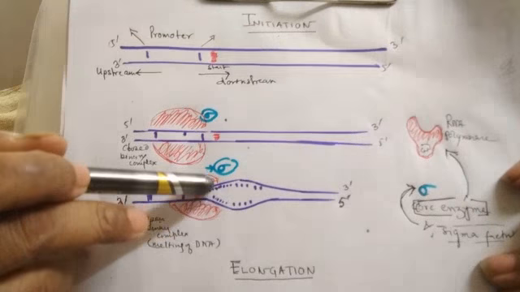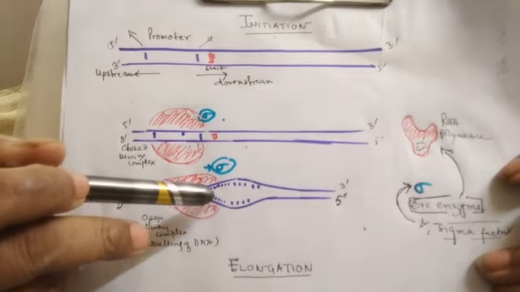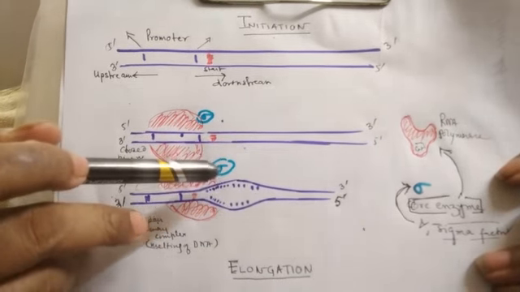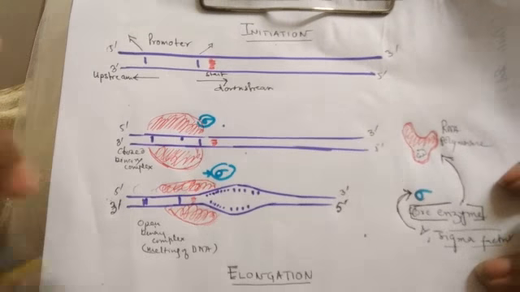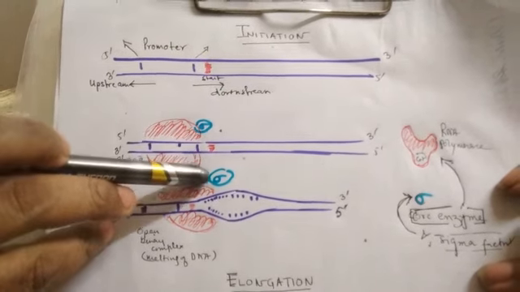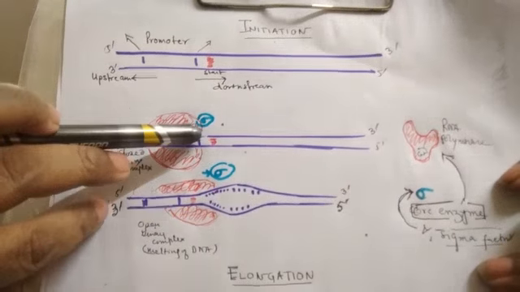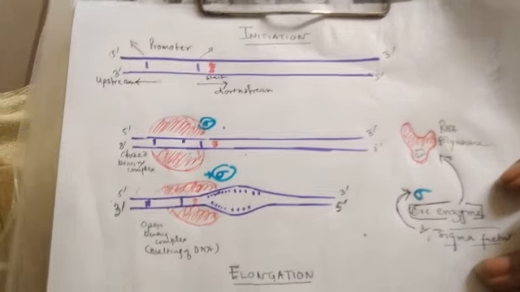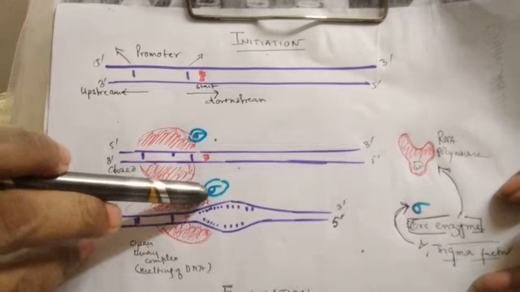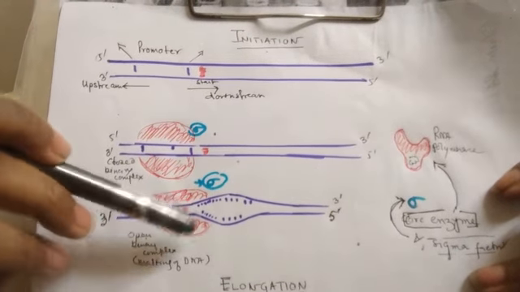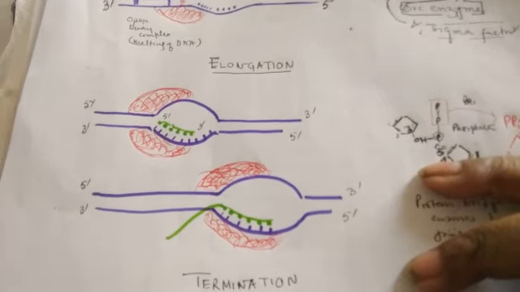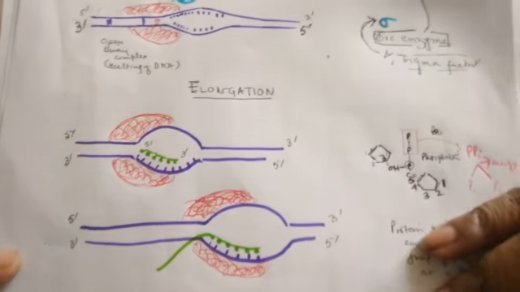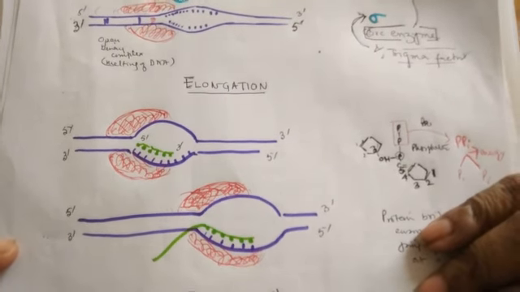That means it separates the DNA strands so that RNA formation can occur, and now the sigma factor is removed from the core enzyme. So this is how the initiation occurs. The next phase is the process of elongation or base pairing.